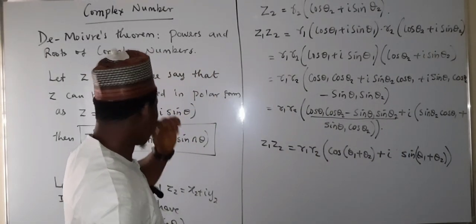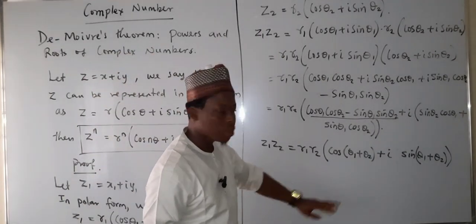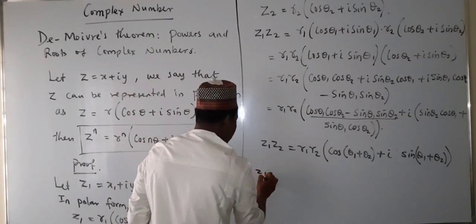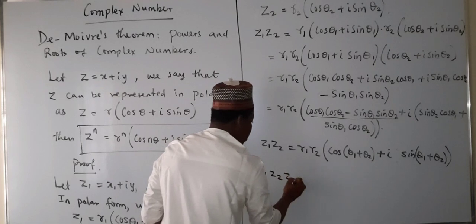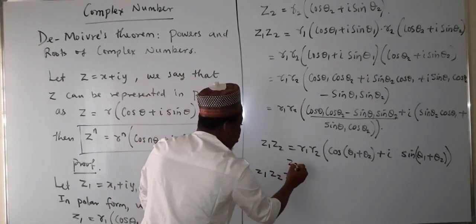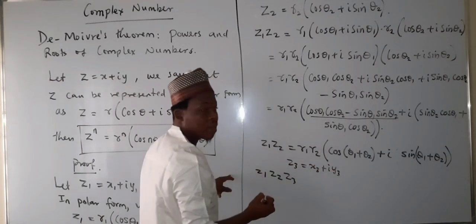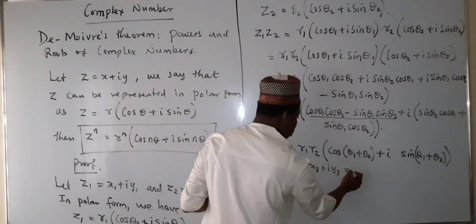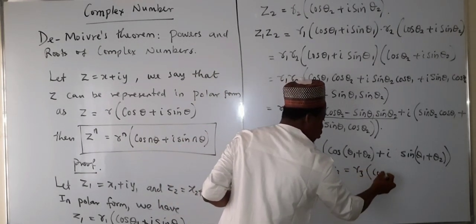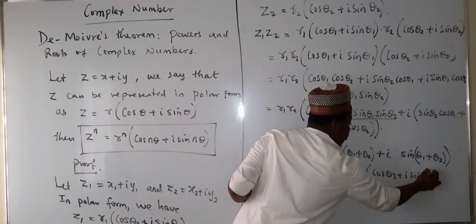So this is what we have. Now we see that we multiply z1 and z2, so we have this. Now we say that suppose we multiply z1 z2 with z3, and that our z3 is x3 plus iy3, and in polar form gives us r3, open bracket, cos theta 3 plus i sin theta 3.